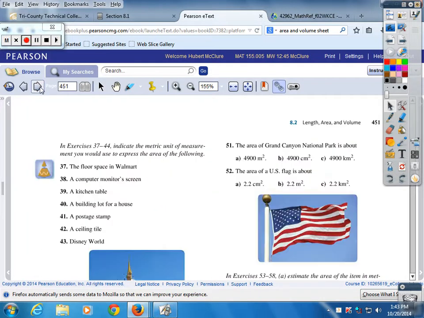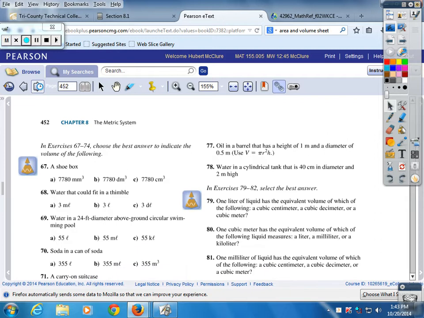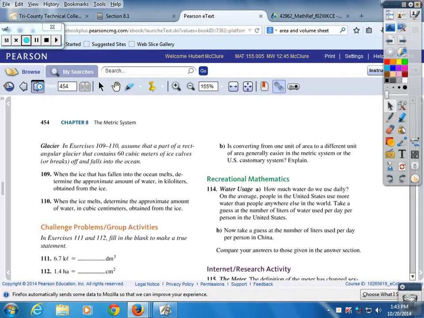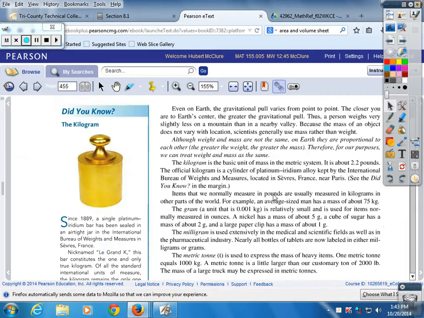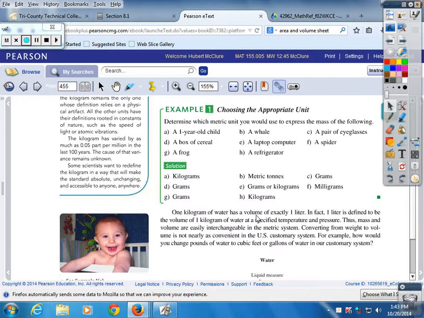That's 8.2. Now 8.3, mass and temperature. I'm really not going to have too much on this one, except I want you to be able to determine what metric unit you would use to express the mass of a 1-year-old child, a box of cereal, a frog, a whale, a laptop computer.